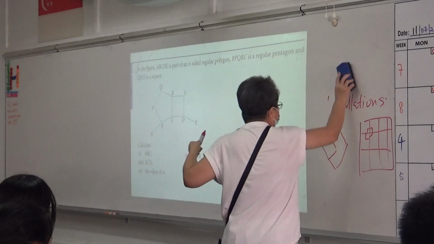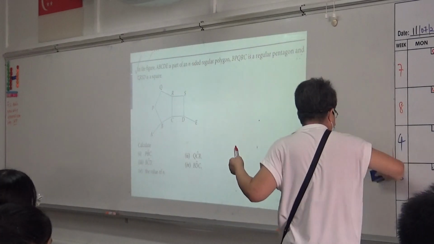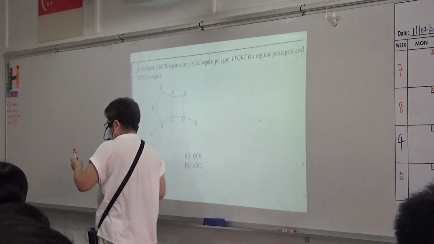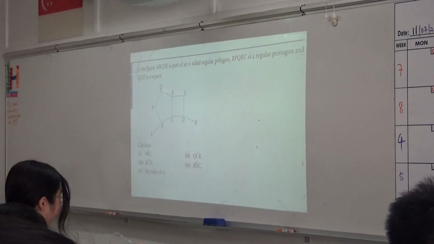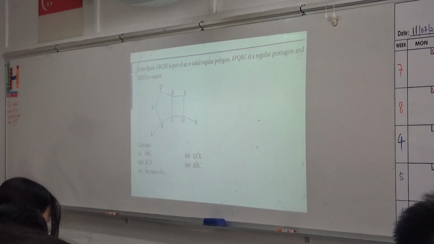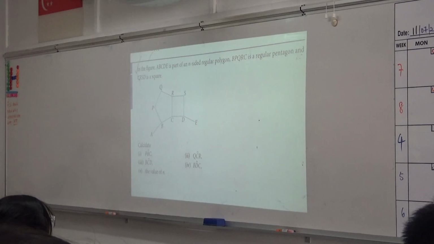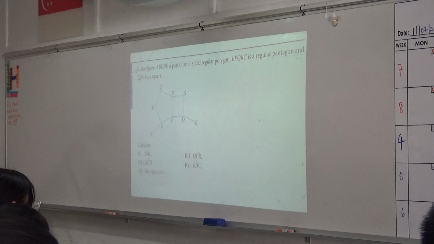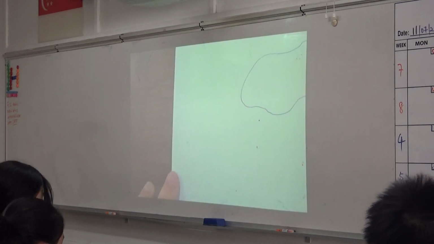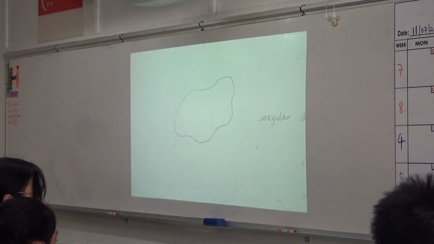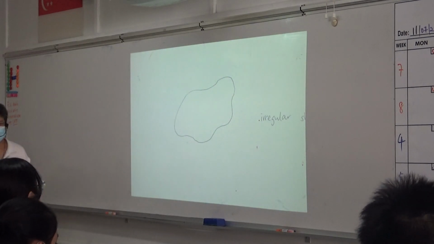Okay. Now next, I'm going on to something that is just for your information. Okay? Can all of you turn to page 132? I want to talk about page 132. Alright? Now, I want you to look at this shape that I have here.